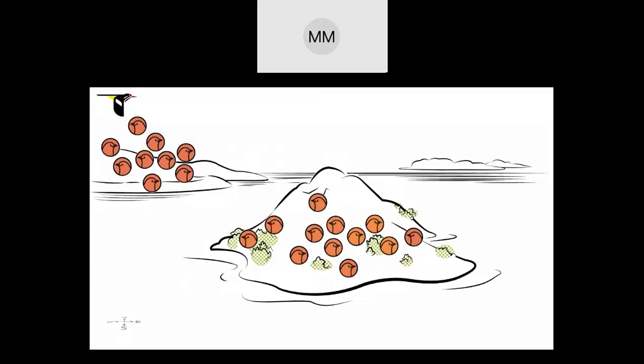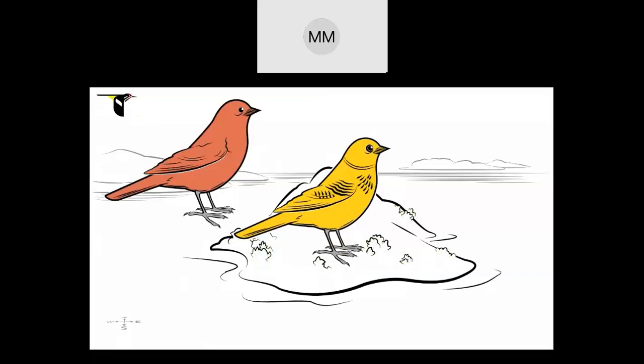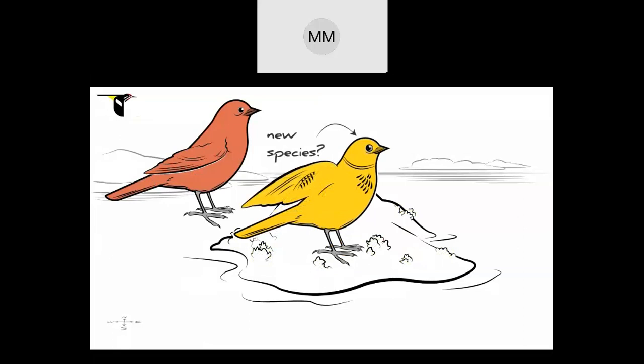Over thousands of generations, the two populations will be shaped by natural and sexual selection into separate forms, each with a unique genetic fingerprint. But at what point are we confident that this island population has really changed enough to become a new species?